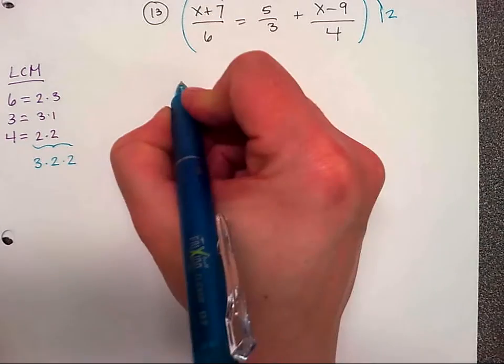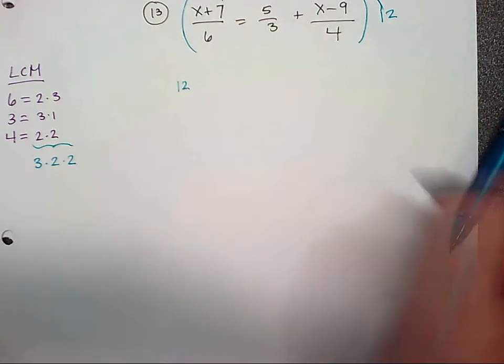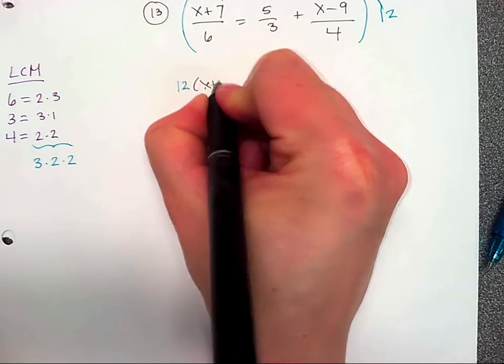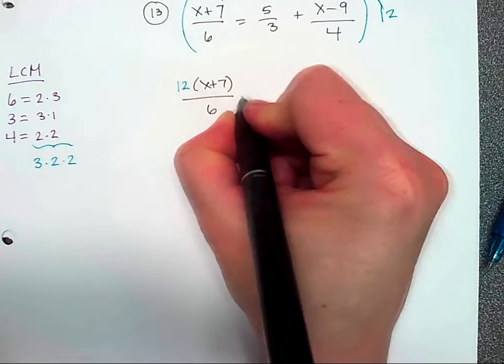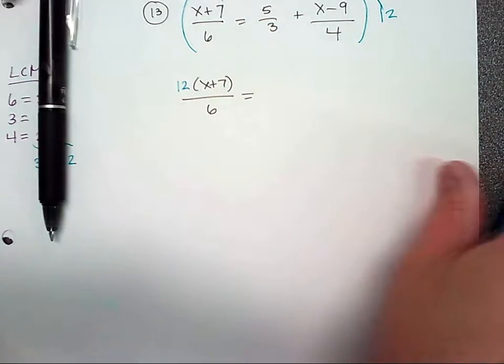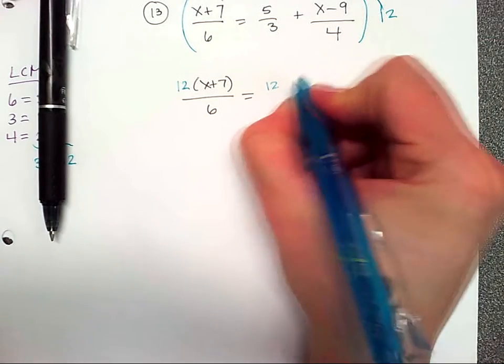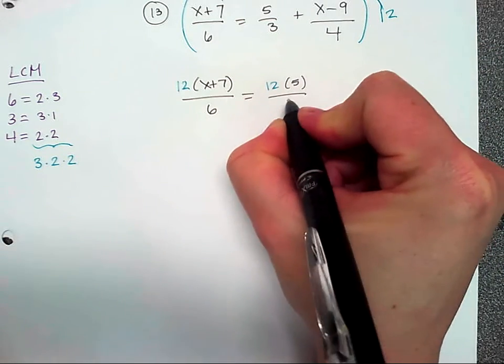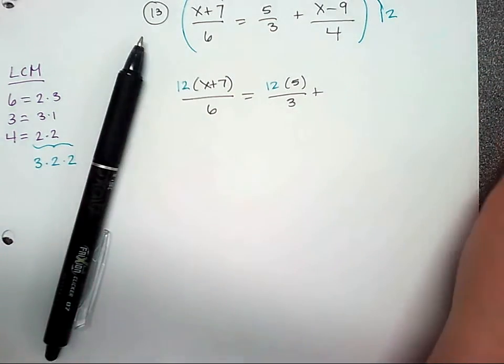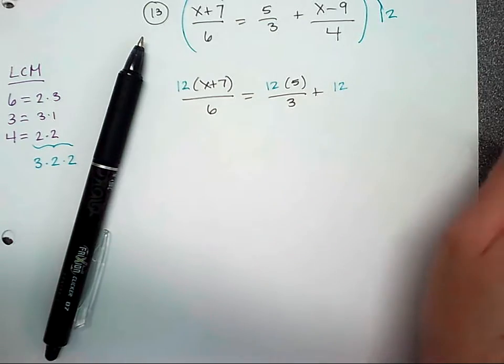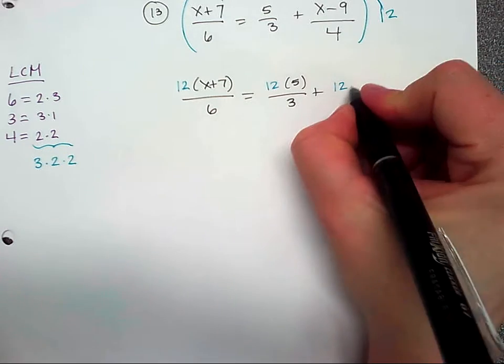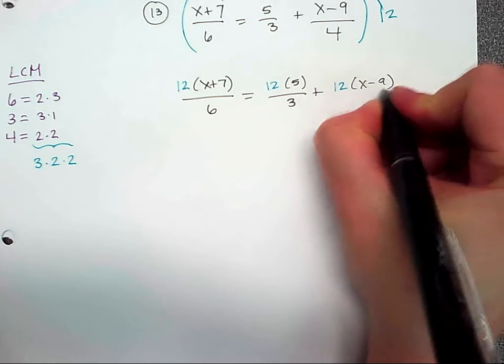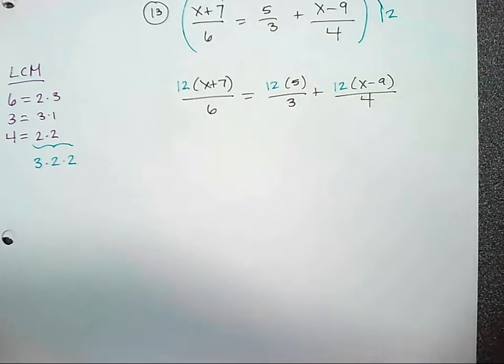Okay, so I'm going to write that one step out where I say it's 12 times x plus 7 over 6 equals 12 times 5 over 3 plus 12 times x minus 9 over 4.